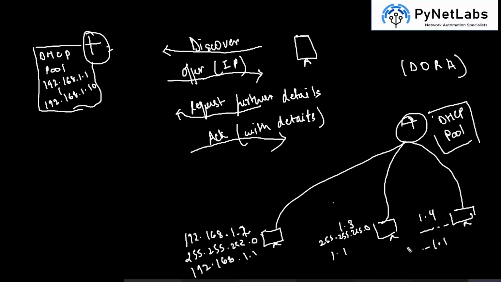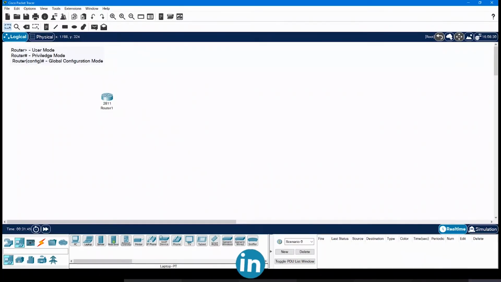Now we will learn how to configure this on a router. So we will be using Packet Tracer for this, and we will understand how this works. How to configure DHCP. Okay.